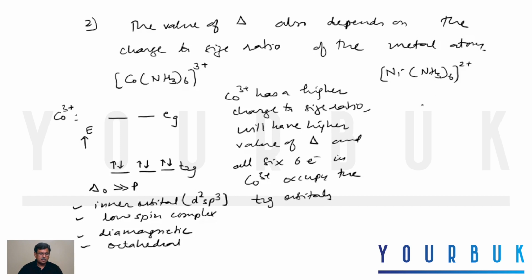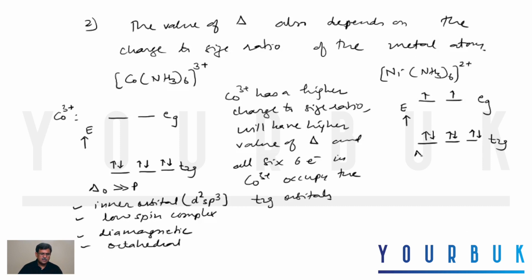Now, if you look at nickel, in this case, nickel 2 plus has a lower charge to size ratio, so it will produce a lower delta value, and as a result, no pairing of electrons takes place. So we have a normal configuration, and only 2 unpaired electrons are present in the eg.